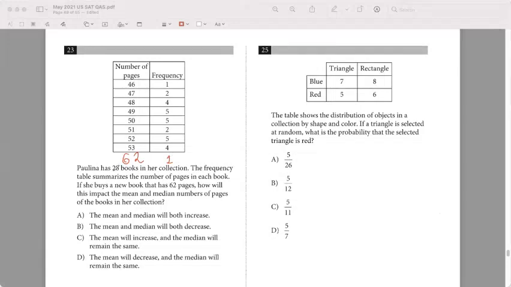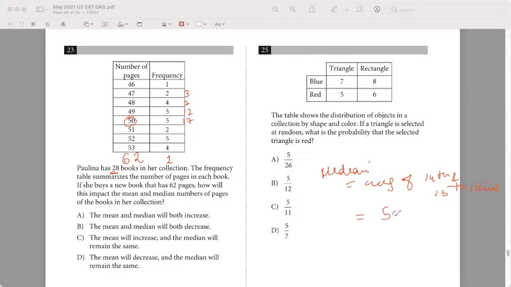So when she had 28 books, then the median was the average of the 14th and 15th items on the list, right? So what is the 14th item? 1, 3, 7, 12, 17. So 14th and 15th items were 50.